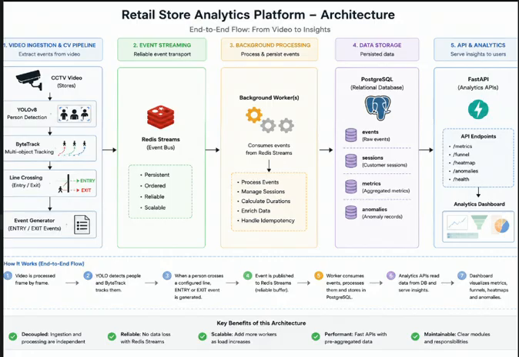Why FastAPI? We use YOLO and ByteTrack, which are in Python, so to keep the environment similar, I use FastAPI. It's also one of the fastest Python web frameworks available, and it comes with pre-built Swagger, which helps generate endpoint summaries and more.